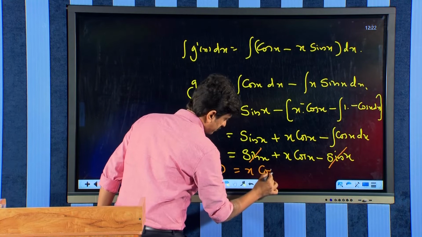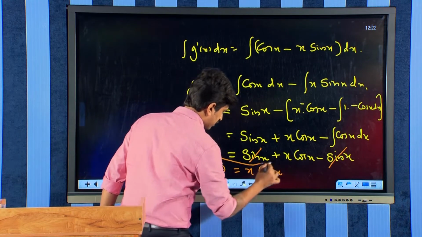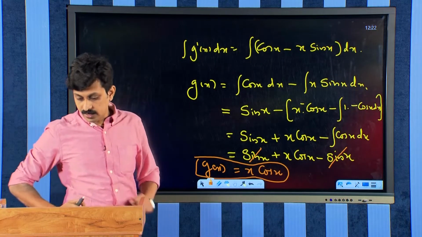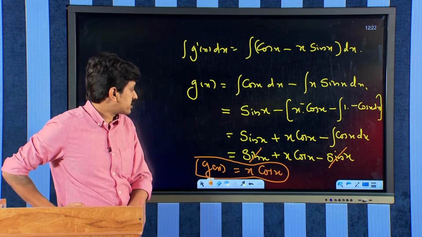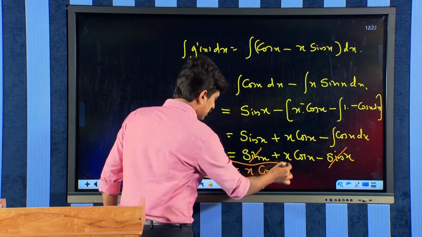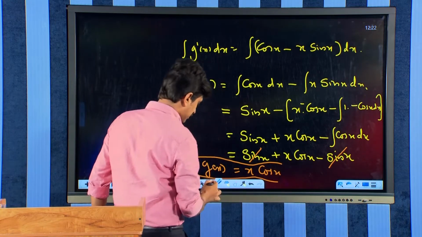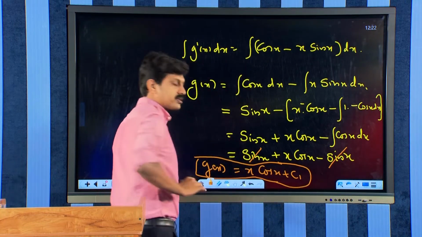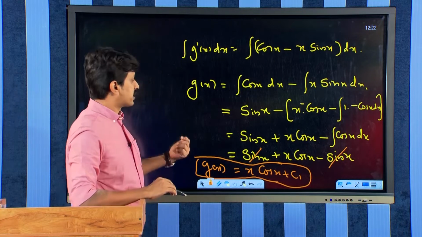Finally, we have the value g of x is equal to x cos x, plus c1, where c1 is the constant of integration. Okay. Fine. So, we can apply this.